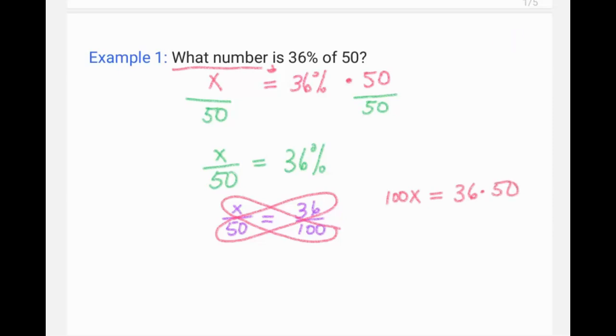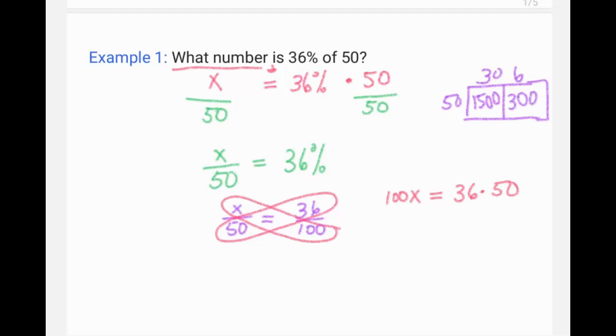We can do 36 times 50 using an area model. I'm going to use 30 and 6 and then 50. So 5 times 3 gives us 15, and we have 2 zeros. 5 times 6 gives me 30, and we have 1 zero from the 50.